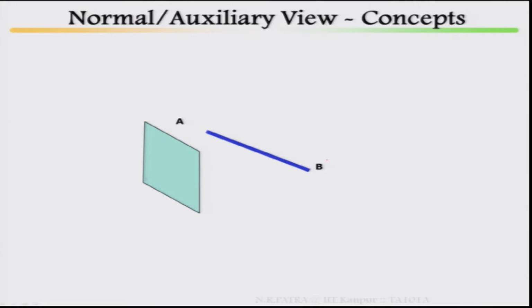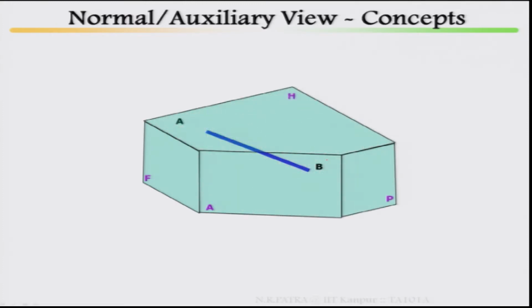Now, if you look at the 3-dimensional view concept of the auxiliary view, this is a cube. In this cube, this is a frontal plane, this is your auxiliary plane, this part is your horizontal plane, and there is your oblique line AB. From this oblique line, project to the frontal plane, where the front view will come, termed AF and BF.